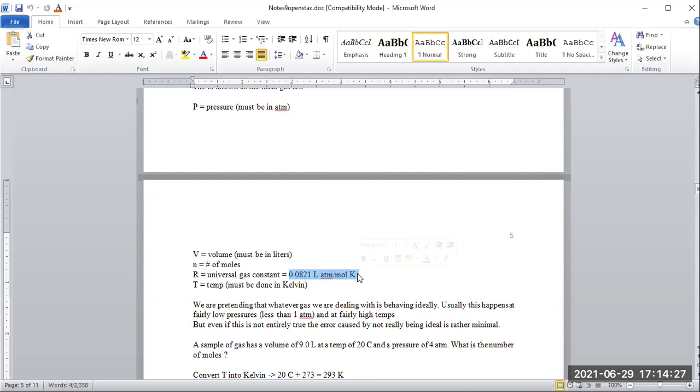If you're looking for examples that are not in your textbook or on other websites, you also might see an unrounded version of this, which is 0.08206. So this is the slightly rounded version of that. And everything we do in this chapter in terms of temperature has to be done in kelvins.